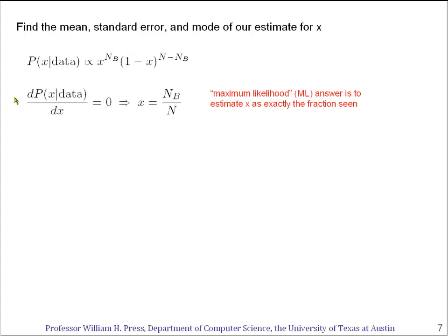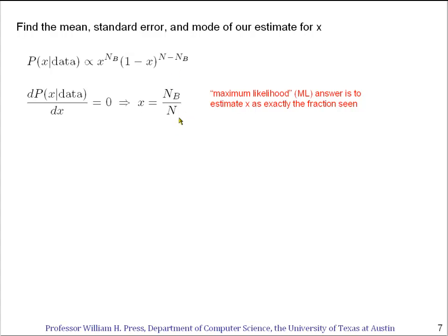We can compute the most probable value, that is to say, the maximum value of this expression, by taking its derivative with respect to x in the usual way and setting that equal to 0. You can almost see how it's going to work, but I'll let you go through the algebra. You don't need Mathematica for it. And you'll find that there's a very simple answer, that x is nb over n.